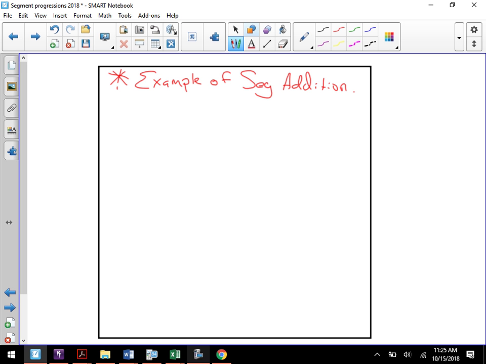So here's what happens. Segment addition is when you take two smaller segments and they add to equal a larger.